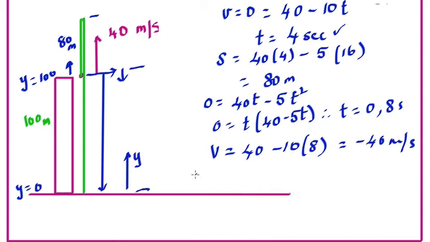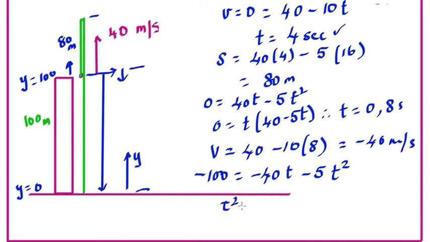So we have s is minus 100 again, is equal to ut. This time it is minus 40t plus half a, which is again minus 5 because I'm still doing up as positive, half a t squared. Well, let's solve this equation.